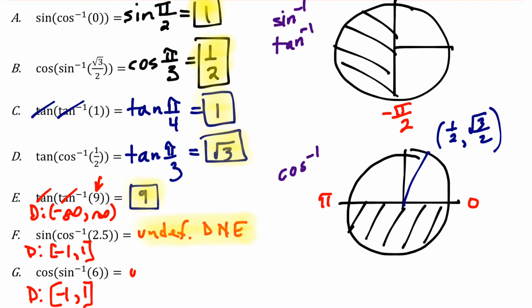So we're going to have to say this is also undefined or does not exist, because 6 is not in the domain of the inverse sine function, which literally means that there's no value of the sine which is outside that negative 1, 1 range.